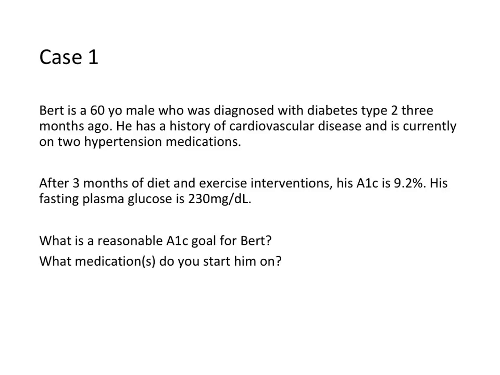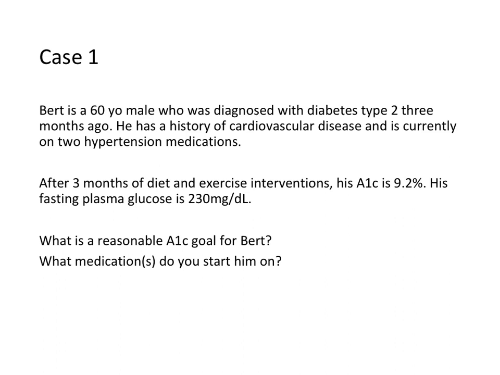Now, we've talked a lot about different medications and different strategies for treating non-insulin dependent diabetes. I want to bring it all together with some case studies. First, we'll talk about Bert. He's a 60-year-old male diagnosed with type 2 diabetes 3 months ago. He has a history of cardiovascular disease, and he's currently on 2 hypertension medications.